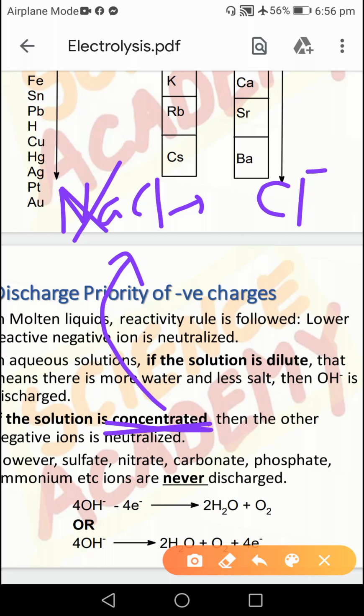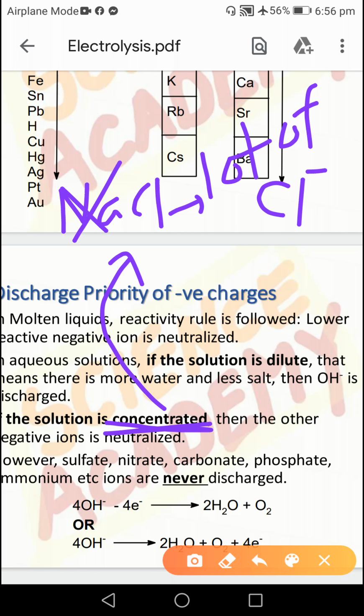That means the solution contains a lot of chloride ion, and in comparison, from water you will get hydroxide ion as the negative ion, but the amount of this ion will be much less than the amount of this chloride ion, because you have made the solution concentrated, isn't it?